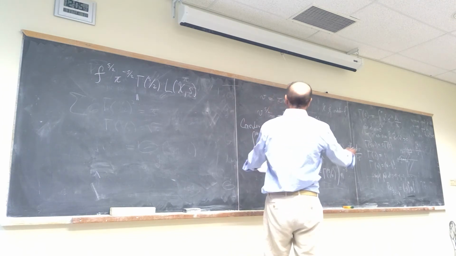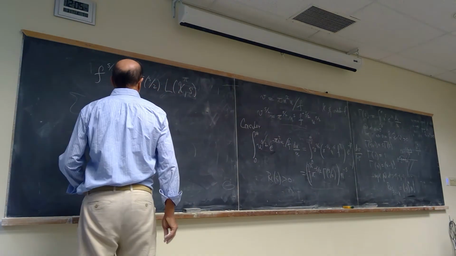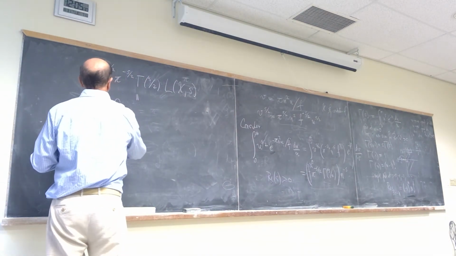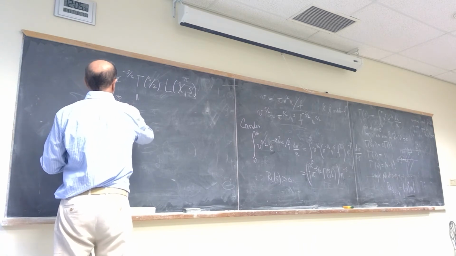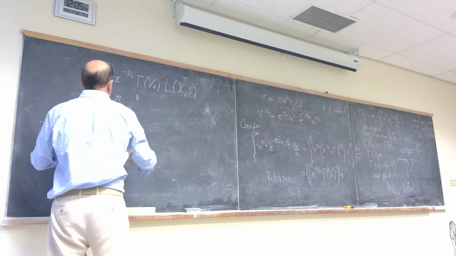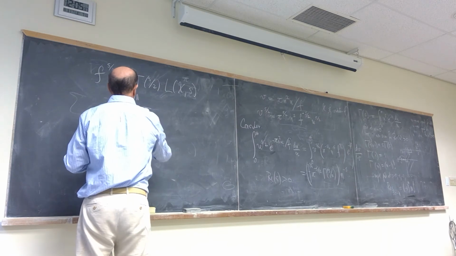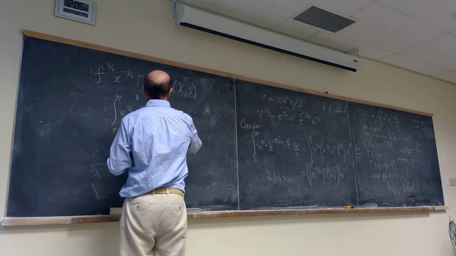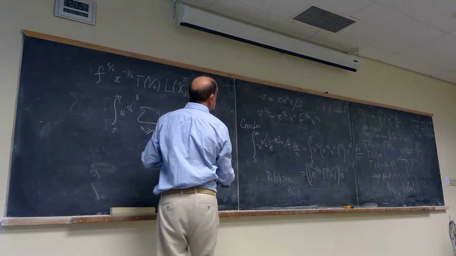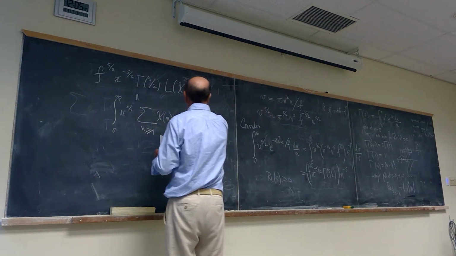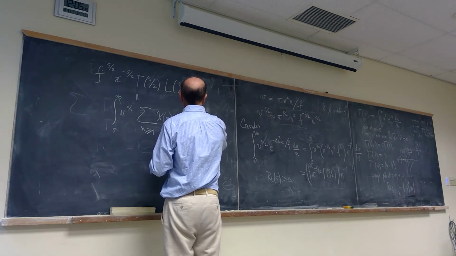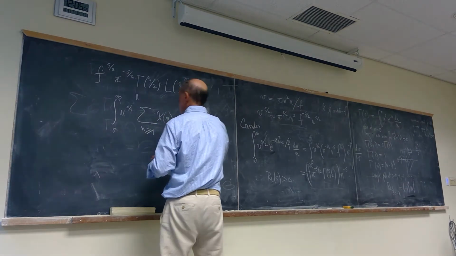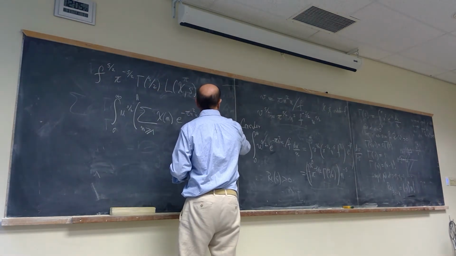So I can exchange the integral and the sum, and I get this is equal to the integral from 0 to infinity of u to the s over 2 times the sum from n greater than or equal to 1 of chi of n e to the minus pi n squared u over f du over u.